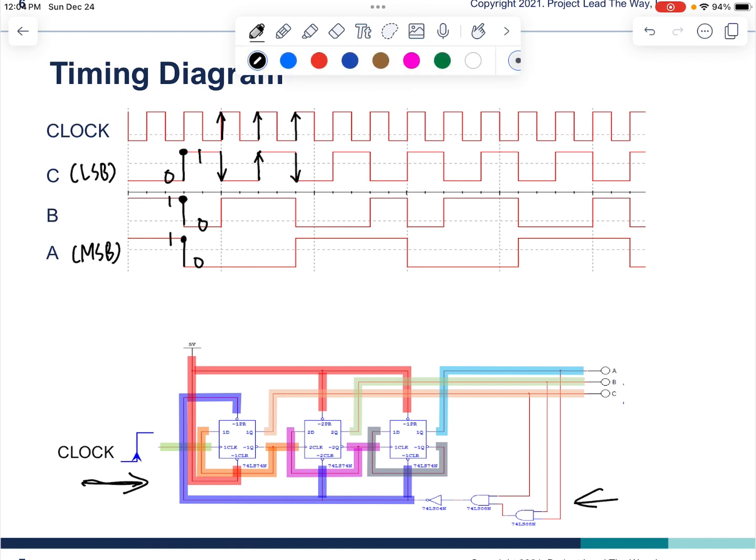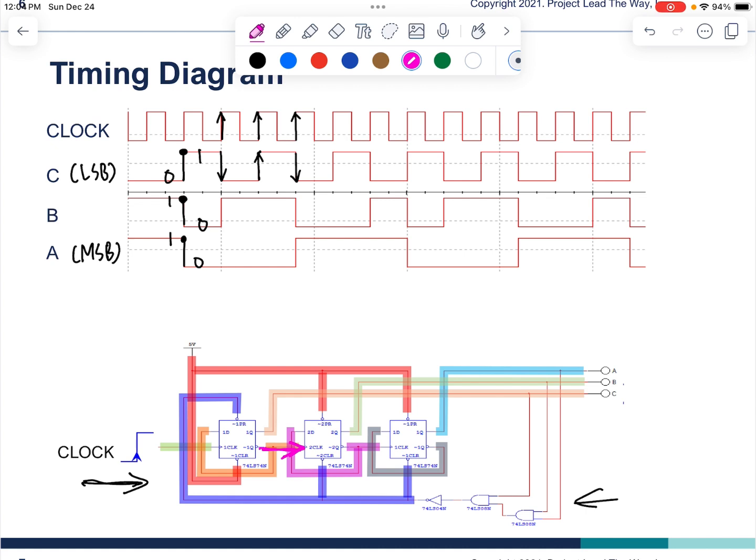Then let me use another color for the B. Let's look at how B works. You see the clock into the B is Q0, which is C0.